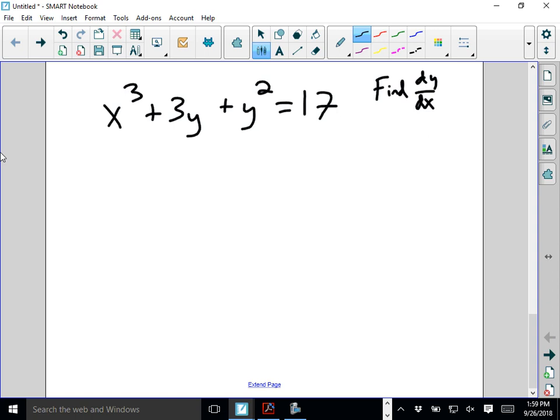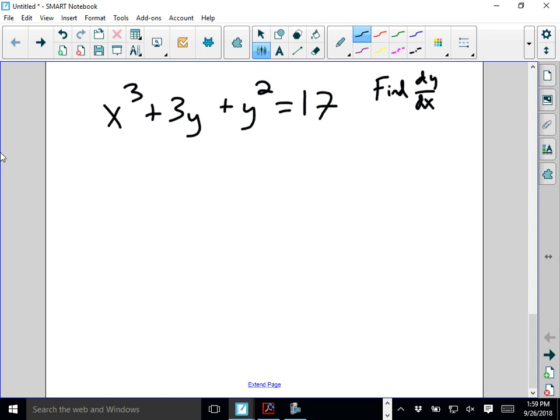So I'm going to end up with 2 dy dx's in this one when I derive all the terms. And that's okay. We can fix that. We can get dy dx alone. I'll show you how it works. So let's start doing the derivative of each piece of this equation and see what happens.